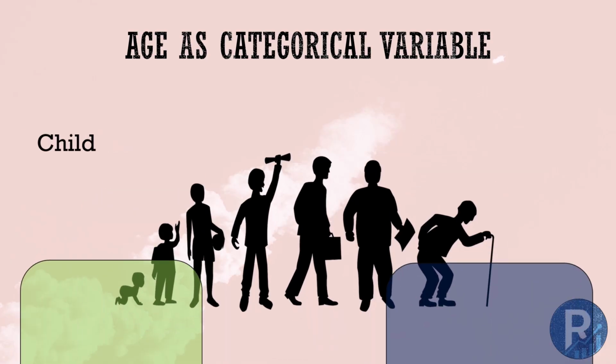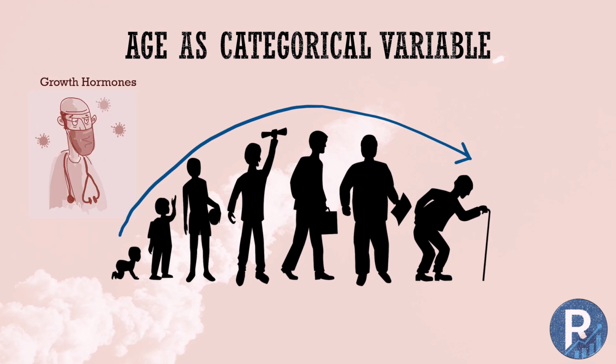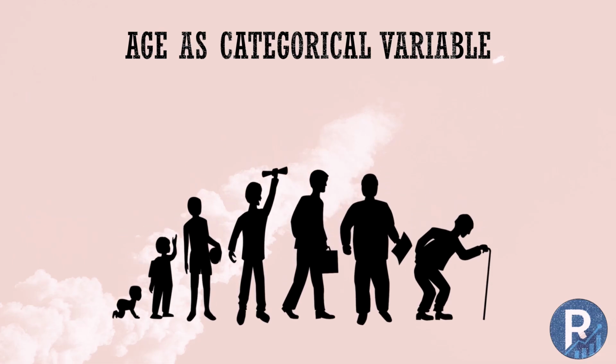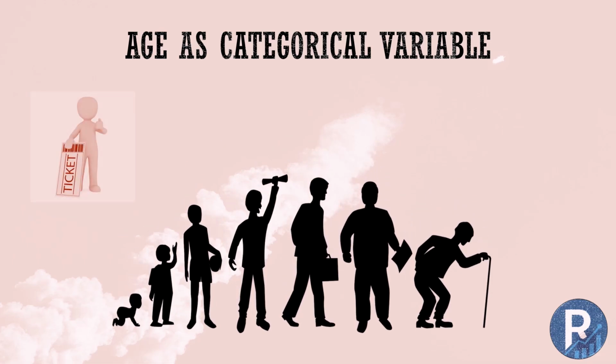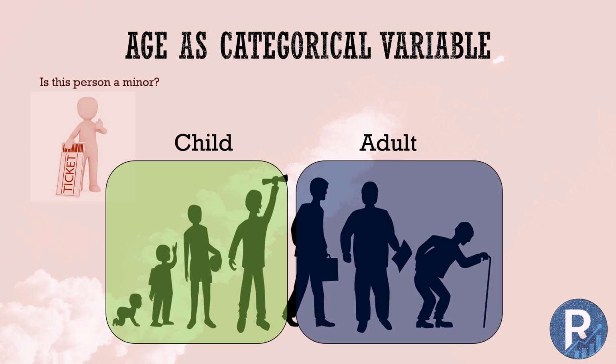Think about it. If you are a doctor studying growth hormones, you need every single year and month. The exact age is your data. But if you are a movie theater owner or an app developer, you might only care about one thing. Is this person a minor or not? You don't care if they are 25 or 45.